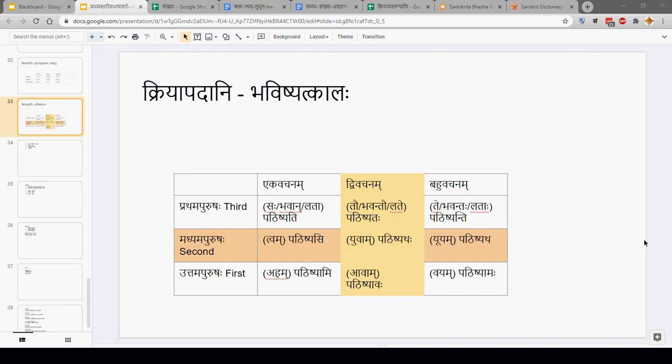Gatavan is an adjective, like patitavat, varnam patitavat. So in bhutakala, if you use the gatavan, gatavati form, we have to use the Napunsakalinga form: balaka dvayam gatavat. But with simple present or future tense verb forms, balaka dvayam patishyati, balika dvayam patishyati, it is ekavachana.